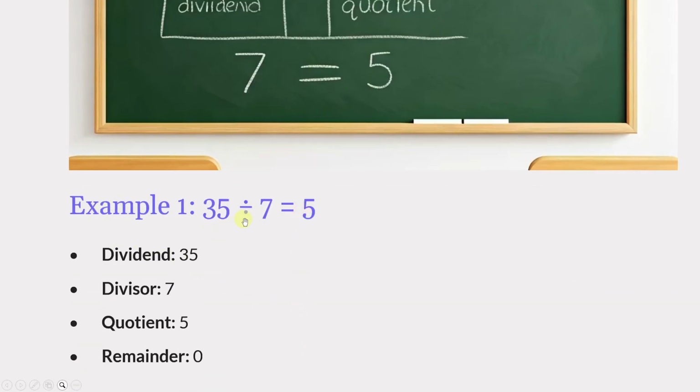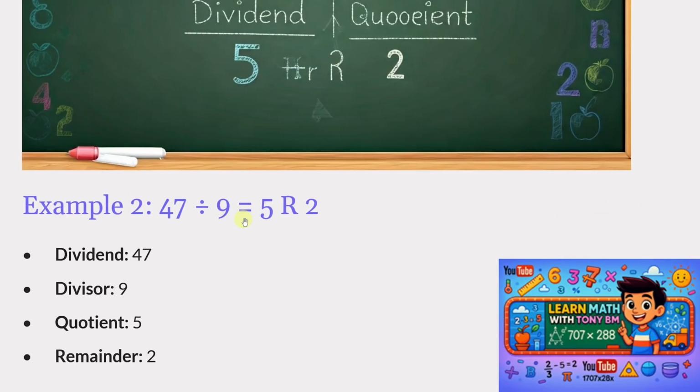Example 1: 35 divided by 7 equals 5. Dividend 35, divisor 7, quotient 5, remainder 0. Example 2: 47 divided by 9 is 5, remainder 2. Dividend 47, divisor 9, quotient 5, remainder 2.